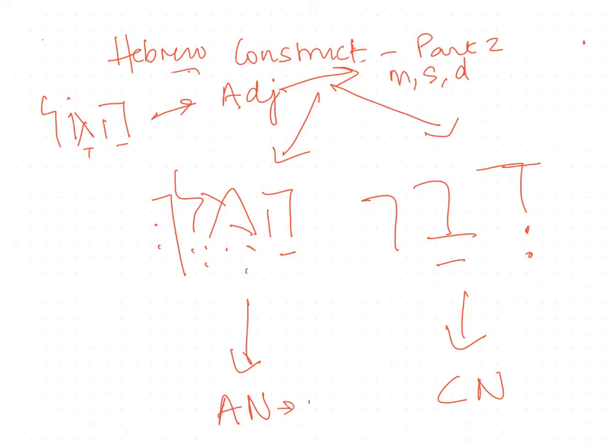This absolute noun, Hammelek, is a masculine singular definite. This word here is also a masculine singular and definite. So in a sense, this can modify either: it can be the great word of the king or the word of the great king.